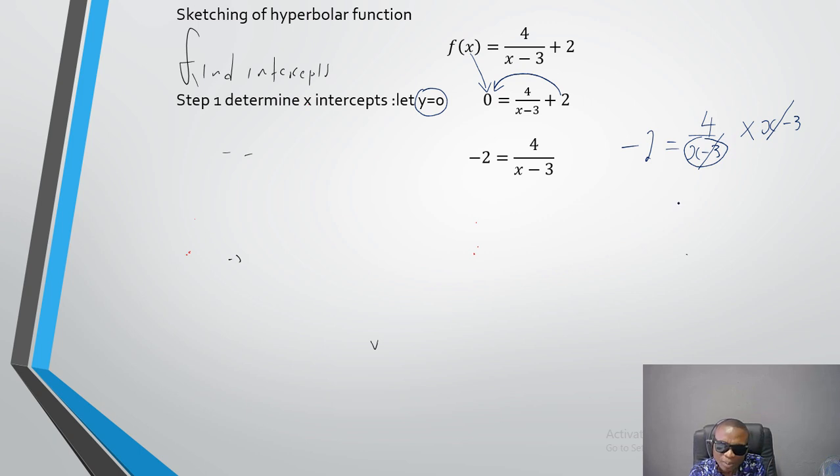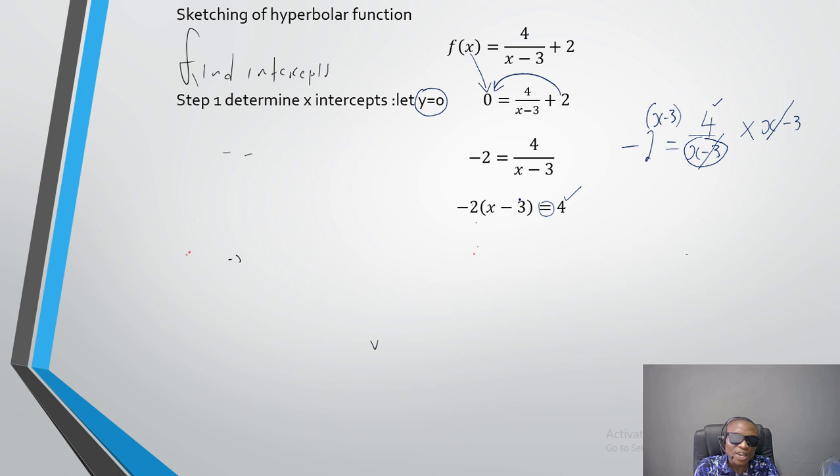If you are multiplying by x minus 3 on the right, also multiply by x minus 3 on the left side of the equal sign. So after x minus 3 cancels x minus 3, you are left with 4. Now on the left side, you have minus 2, which is also multiplied by x minus 3.